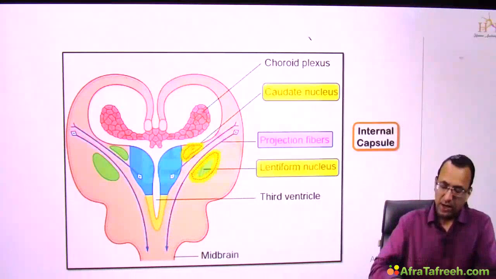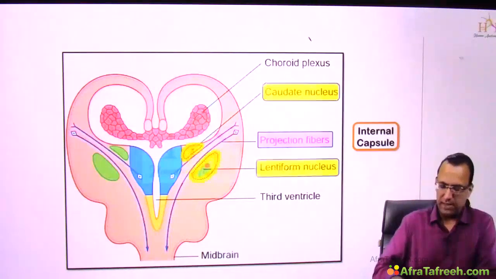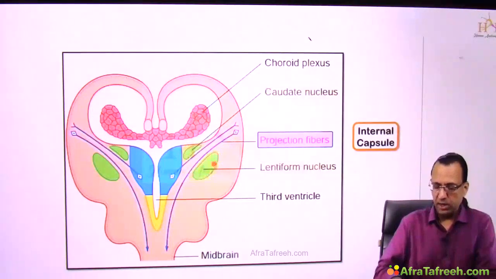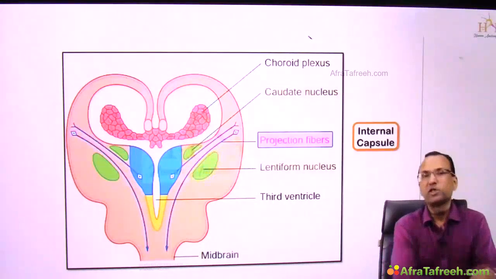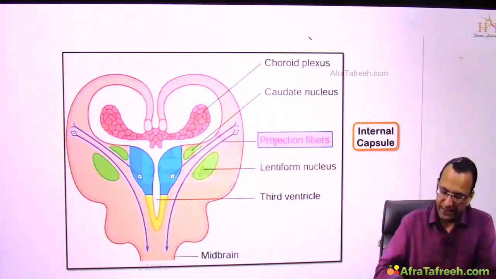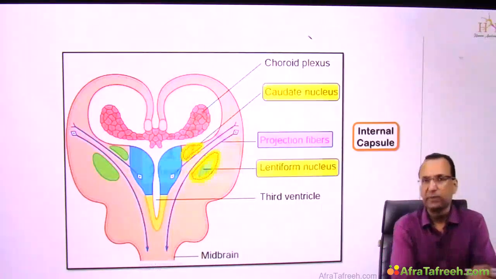And remember, the lentiform is always lateral to the internal capsule and the caudate is medial to the internal capsule. This will help you in orientation of the adult brain also. So these are two parts of the corpus striatum.